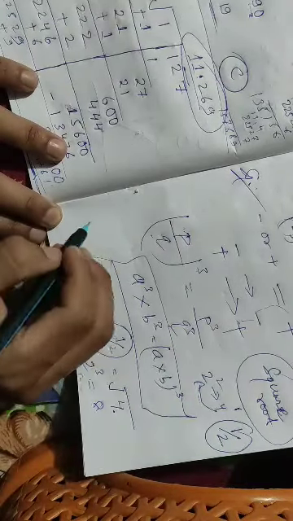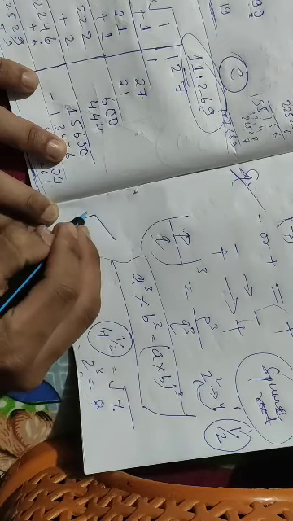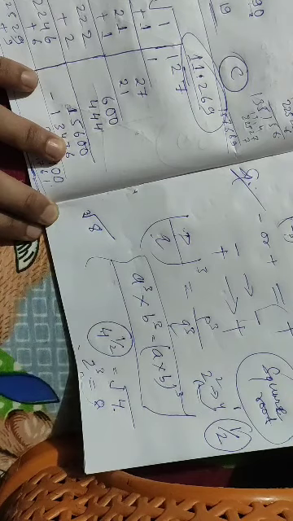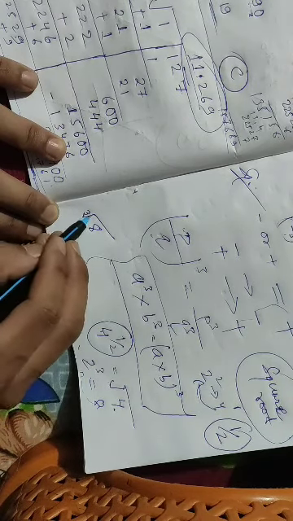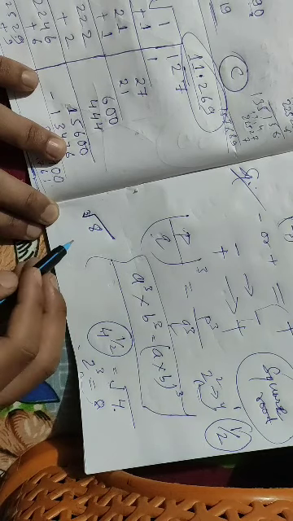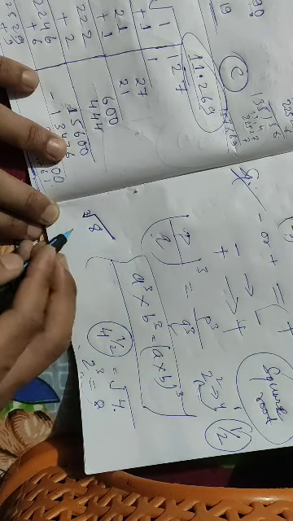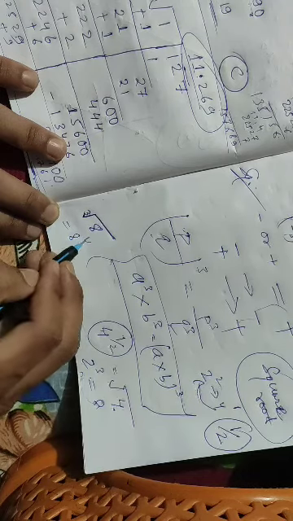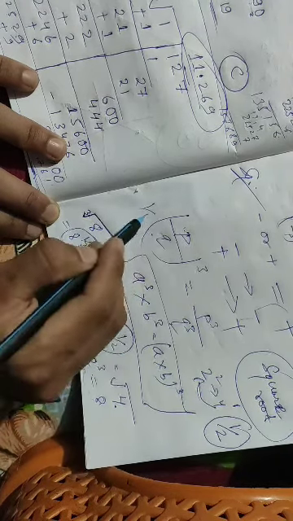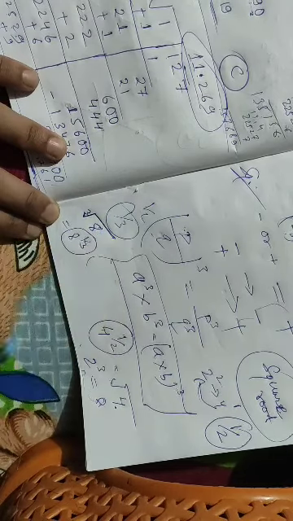You write the root sign, but here you have to write 3. And what is the power? Cube root means power 1 by 3. So this means 8 to the power 1 by 3. Square root means power half, and cube root means power 1 by 3.